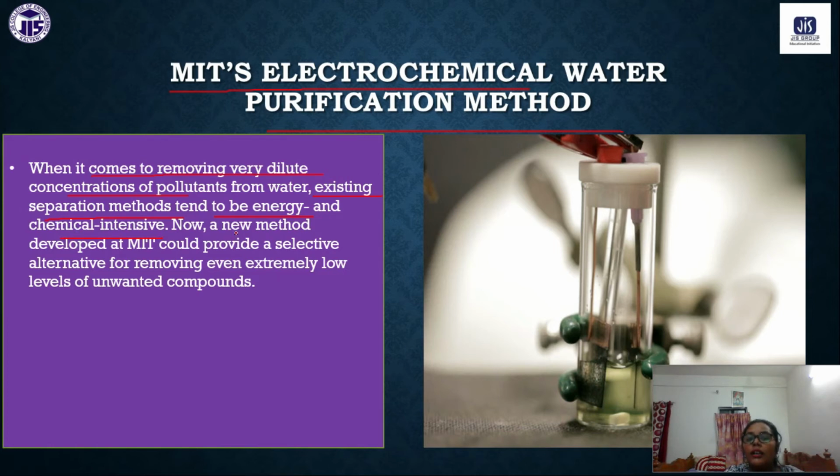Now, a new method developed at MIT could provide a selective alternative for removing even extremely low levels of unwanted compounds. Generally, we can use this apparatus when we have a very small amount of undesired compounds in our water, and that very low amount can be detected by this instrument and also removed.